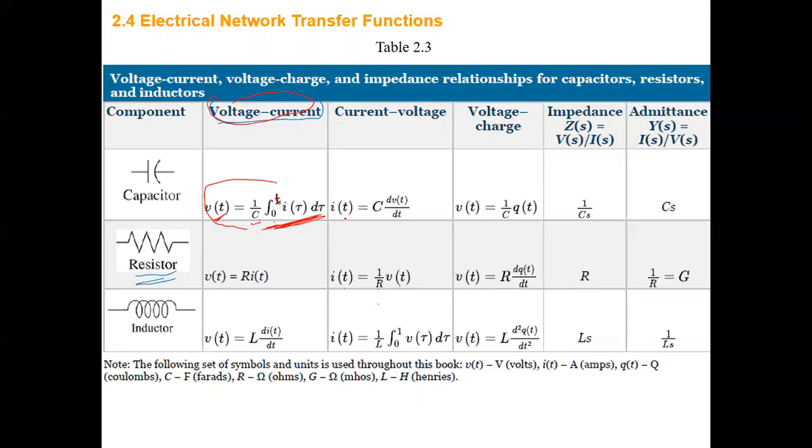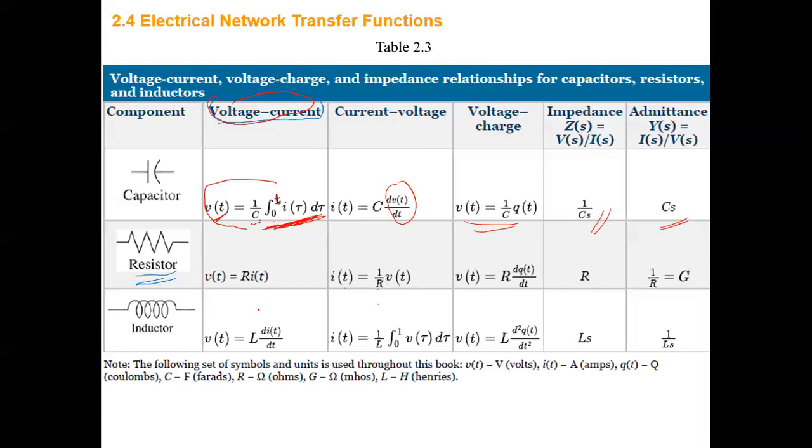Similarly, how do you find the current in the capacitor? C times the derivative, because we have integration here, you have derivative here, right? Similarly, the voltage charge relationship, and impedance is 1 over Cs, and admittance is Cs.